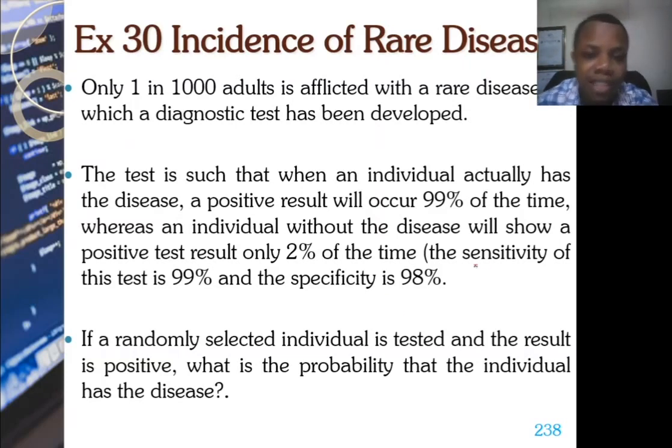Now the test is such that when an individual actually has the disease, it gives a positive result 99% of the time, whereas an individual without the disease will show a positive result only 2% of the time, which is to say that the sensitivity of this test is 99% and the specificity is equal to 98%.